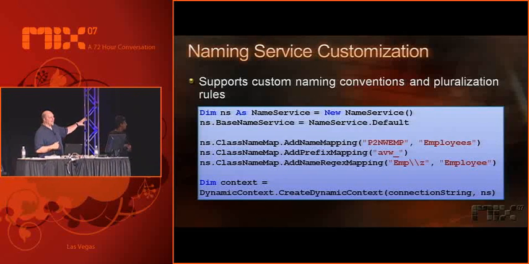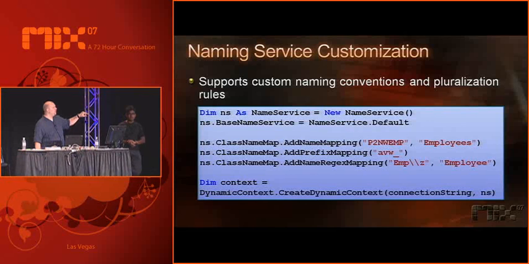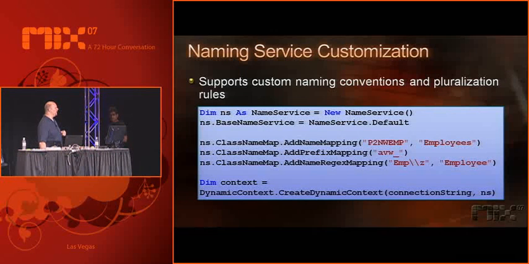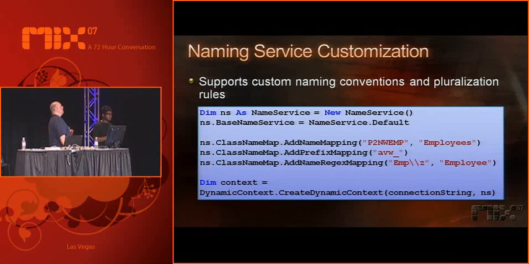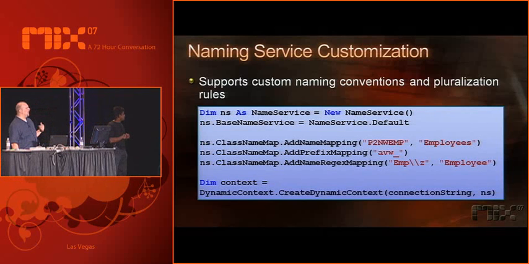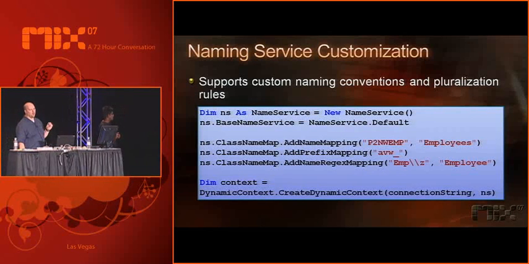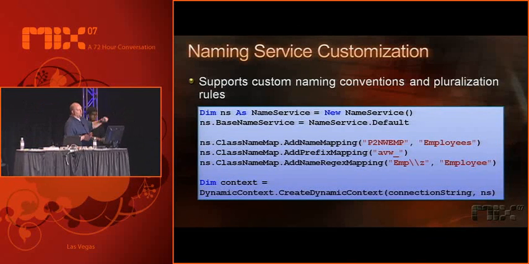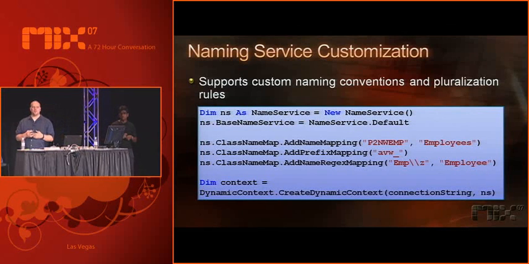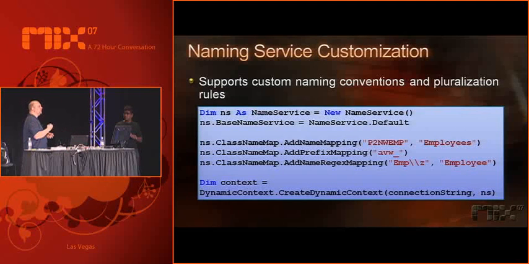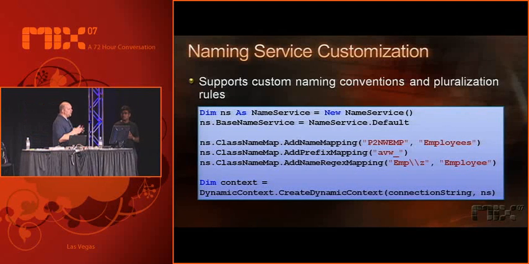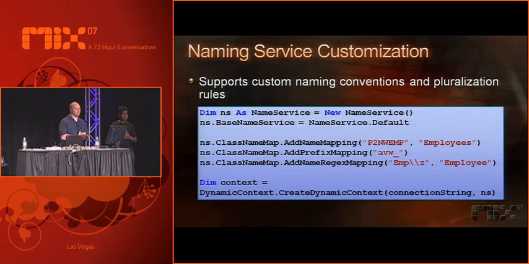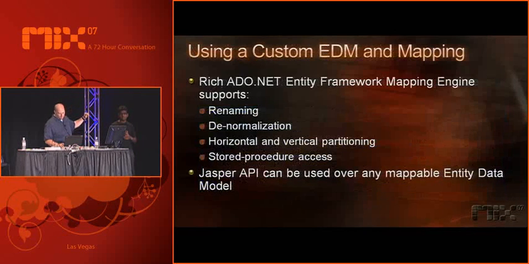So you can actually directly access the runtime mappings after you've loaded the model, and you can do things like add aliases, employees for P2 and WEMP, for example, do prefix mapping, or even more complicated regex name mapping. So for the cases where you just need to do some name filtering, you can just manipulate it at runtime with these patterns and get the names to work out. And again, because the model itself is sort of a first-class artifact in our world, whether you want to load a complete model or manipulate it as you go, it has some concrete structure to it. Does that make sense? Okay.